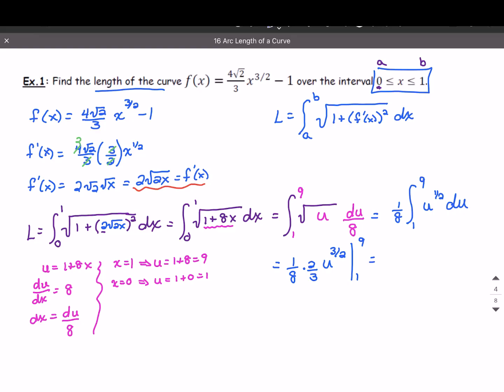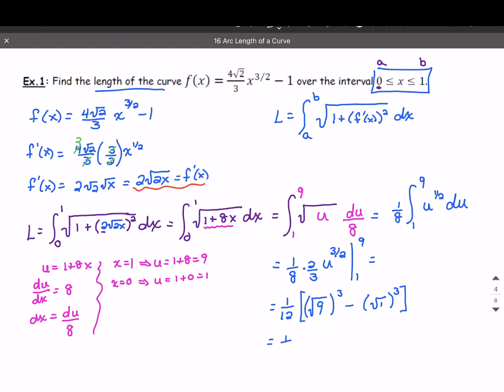Now 1/8 times 2/3, that's going to give us 1/12 times. Now I'm going to take that 9, and when I raise it to the 3/2, it means take the square root and then cube it. Minus, now we substitute in the 1, we take the square root and we cube it.